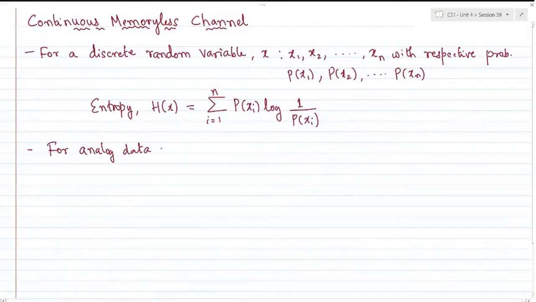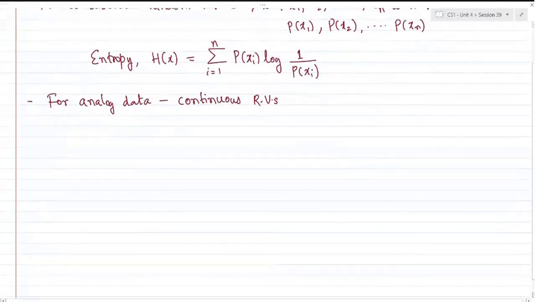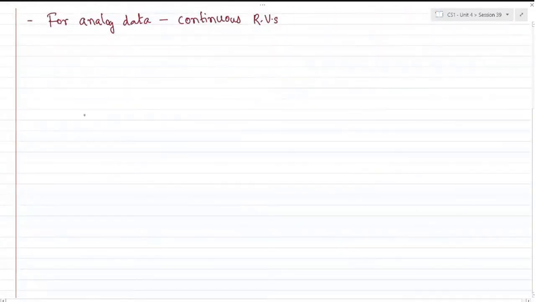So we need to deal with continuous random variables. Therefore, we must extend the definition of entropy to such case as well. First we need to define the entropy, which is the starting point on the way to define channel capacity.